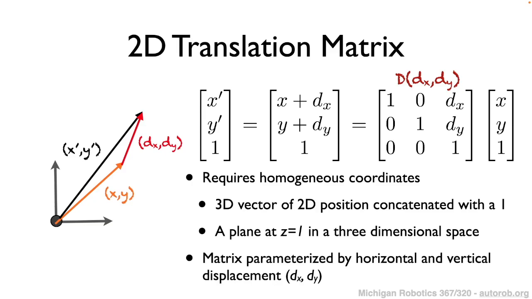And so this homogeneous coordinate system is used very frequently. And again, the nice part about it is it lets us express translation as a matrix operation.